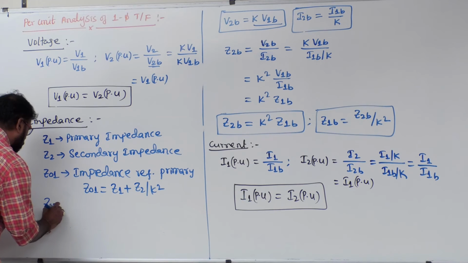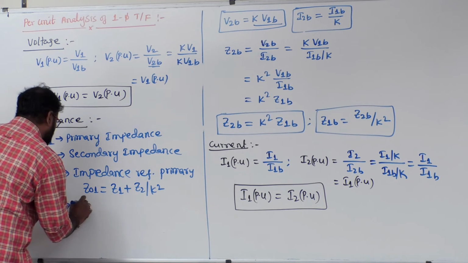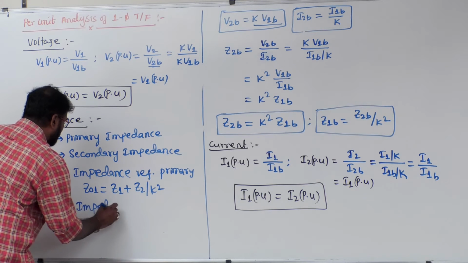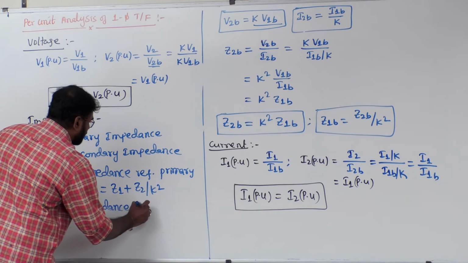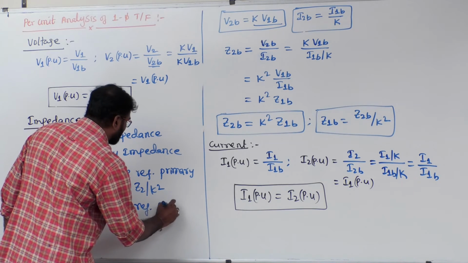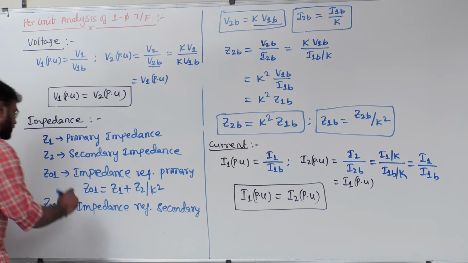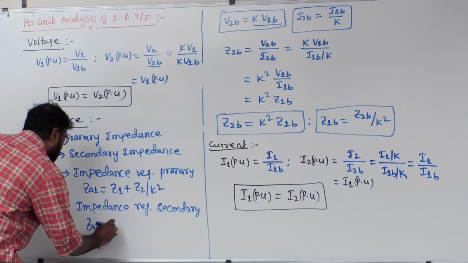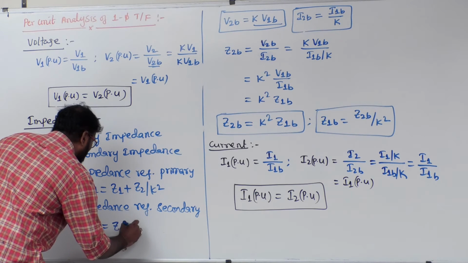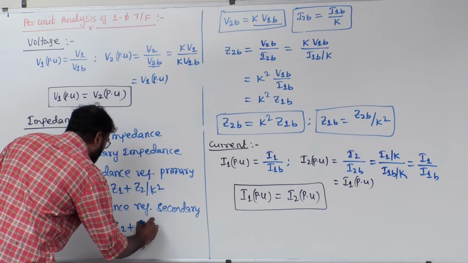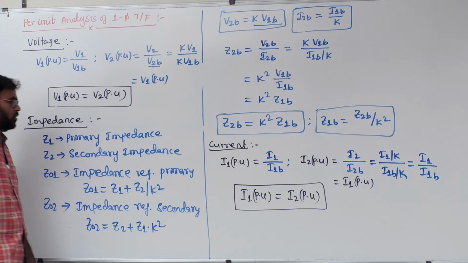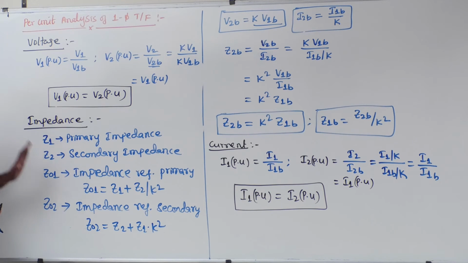Now Z02. Z02 means the impedance referred to secondary. Clear? What is Z02? Z2 plus Z1 into K square.